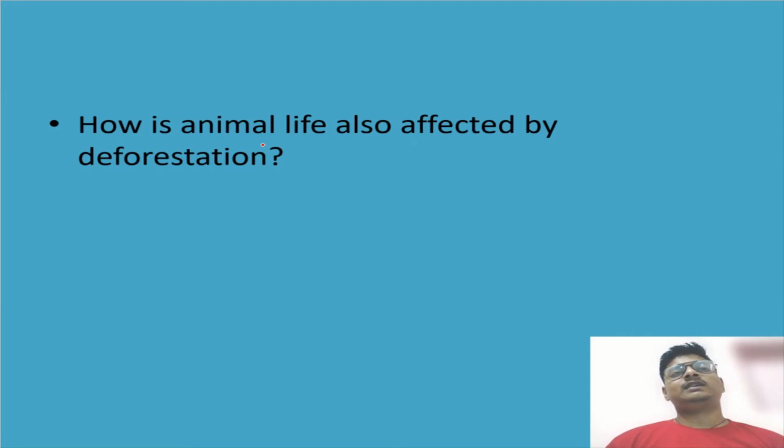This will disturb the ecosystem of that area, and the animals get diverted to other areas. This is how the food chain, the food cycle and the ecosystem get imbalanced, and this is how animal life is also affected by deforestation.